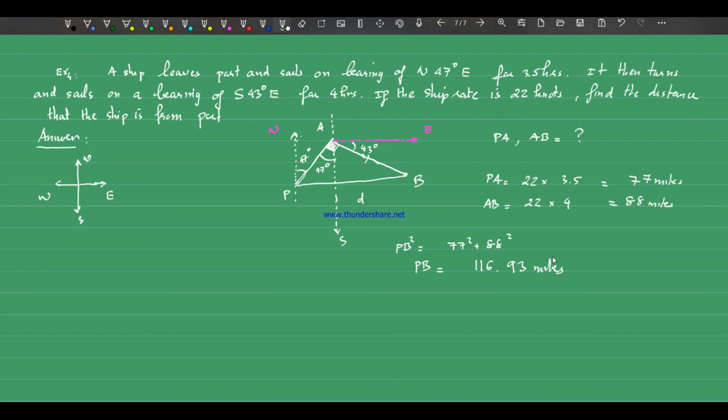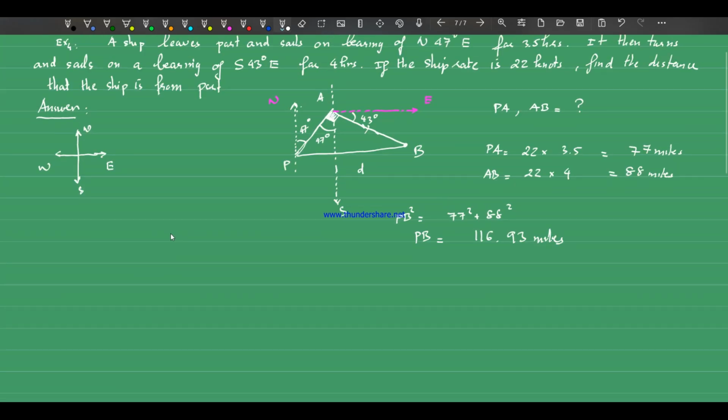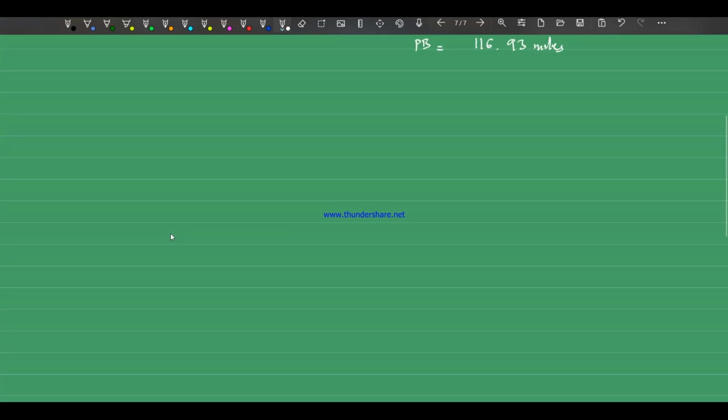Wow, I don't think I put it into the calculator wrong. Please check for me if you have a calculator: 88 squared plus 77 squared, take the square root of that. Yeah, this should be it. Okay, so that's the answer.